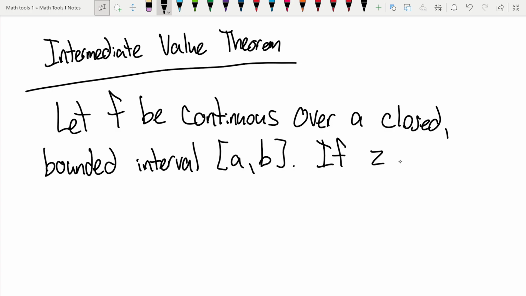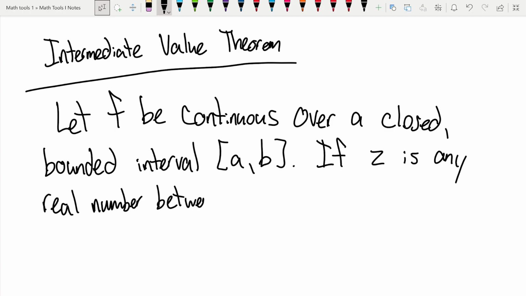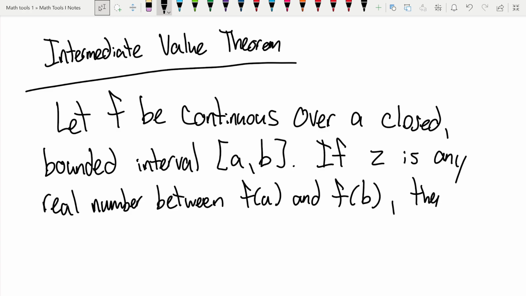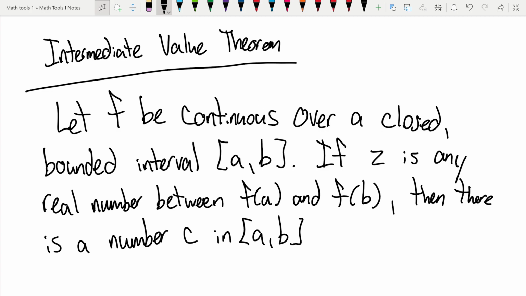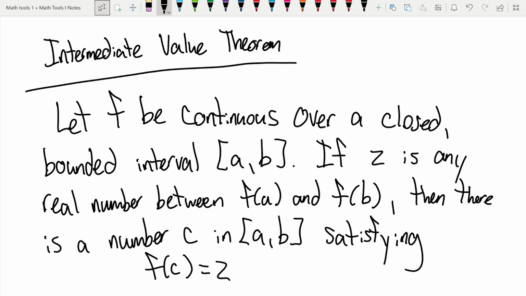If z is any real number between f of a and f of b, then there is a number c in that interval [a, b] satisfying f of c equals z.